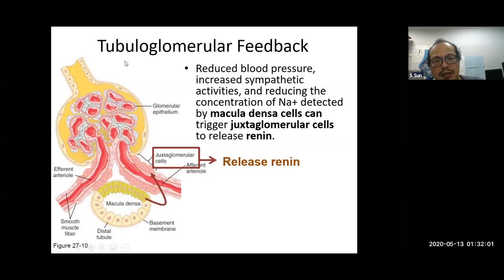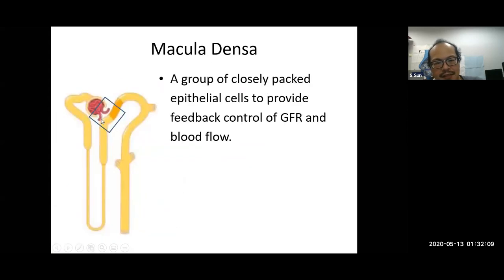This is called the tubuloglomerular feedback, which detects what is going on in the blood. If this filtration, this blood flow, is low, it means that we lose a lot of fluid.